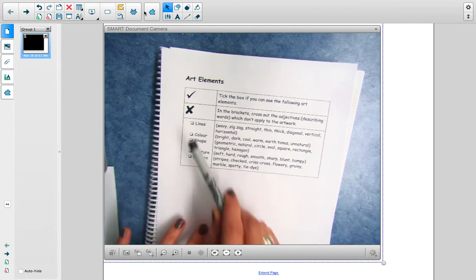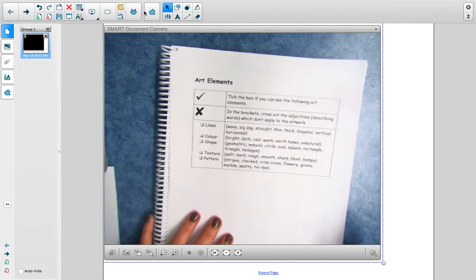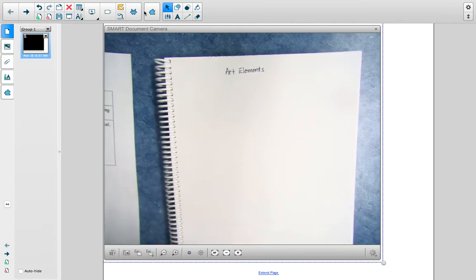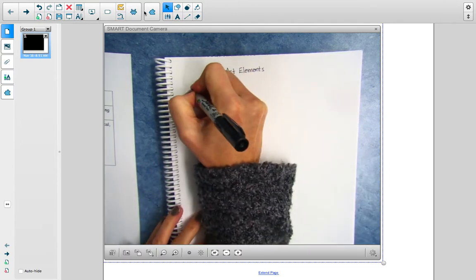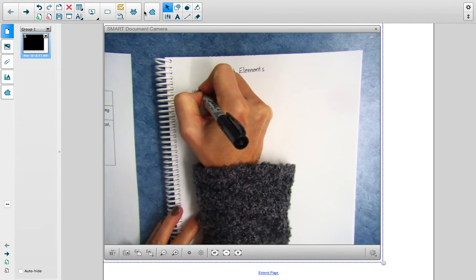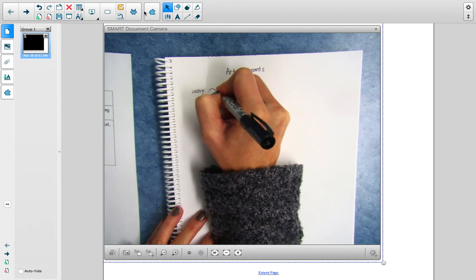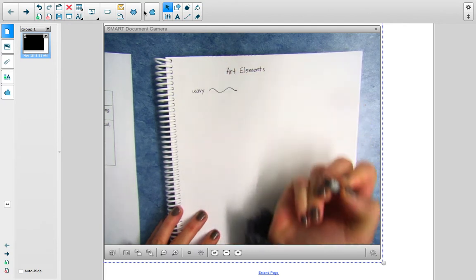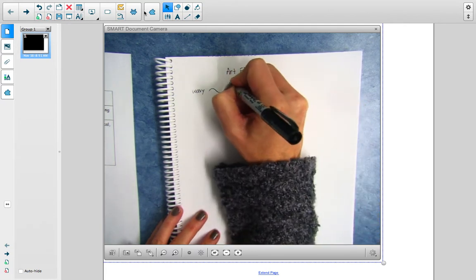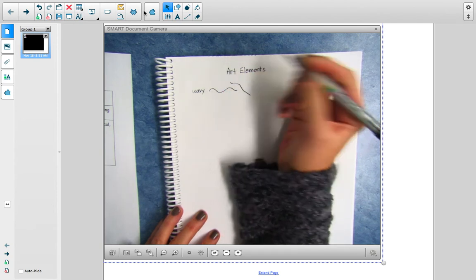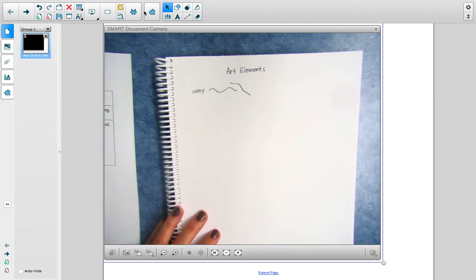So, for example, if I were to look for lines, the first line in my list is wavy. So a wavy line is going to have a curve like that. It could be going in any direction. Wavy, swirly lines.